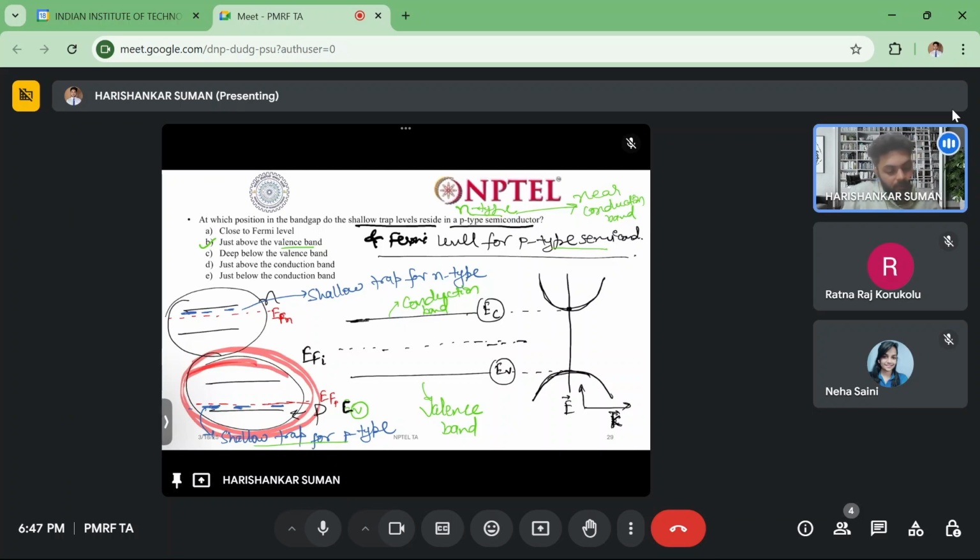In n-type, it will lie closer to the conduction band. Okay.